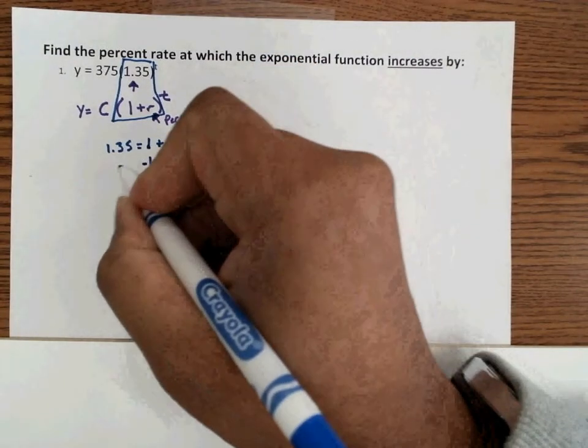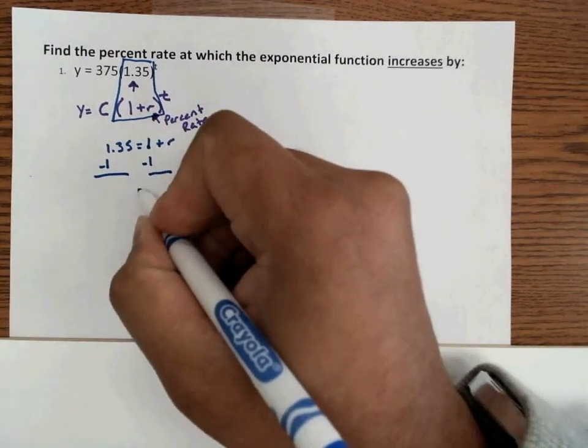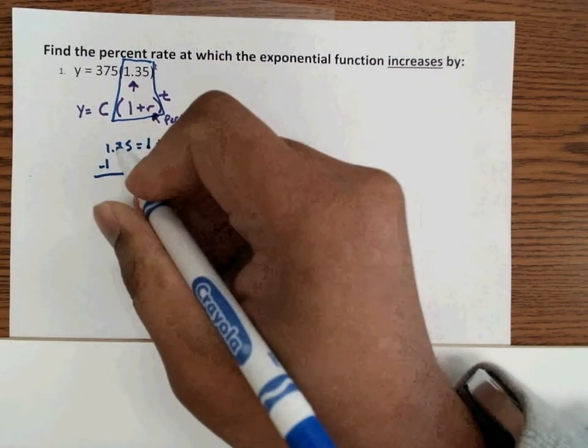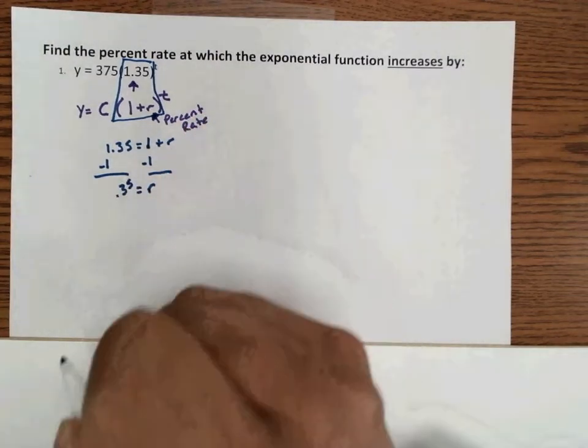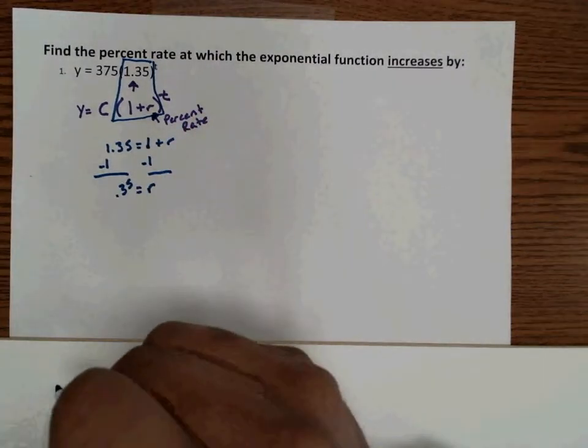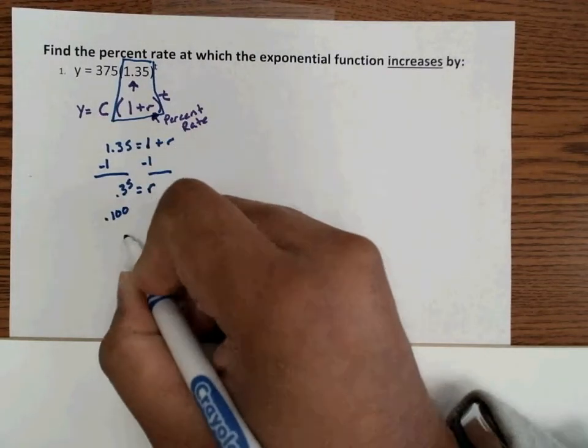We subtract 1 on both sides. On this side we just have r, and 1.35 minus 1 is 0.35. Then to find our actual percent rate, we multiply times 100, and we get 35%.